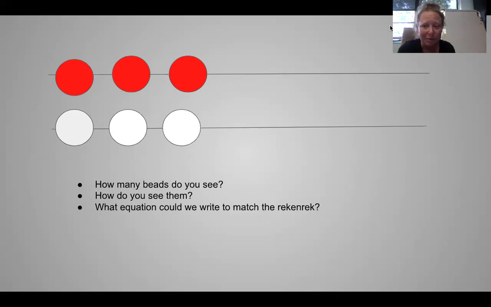Tell someone near you the equation that would match this Rekenrek. If you need more time, you can push pause.